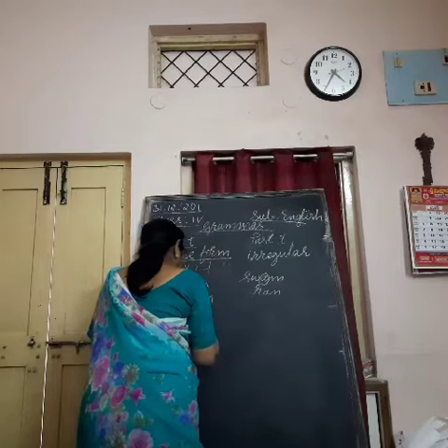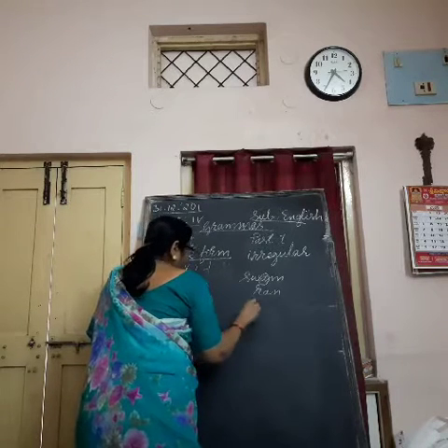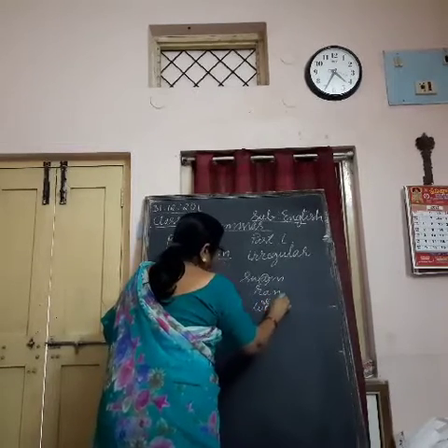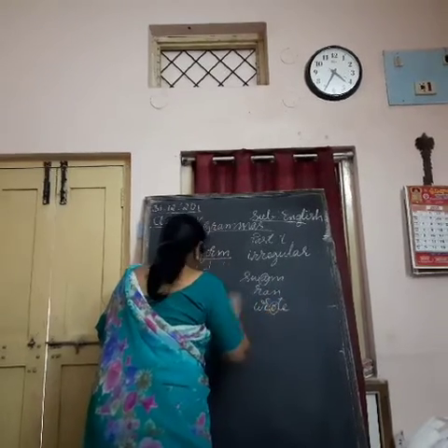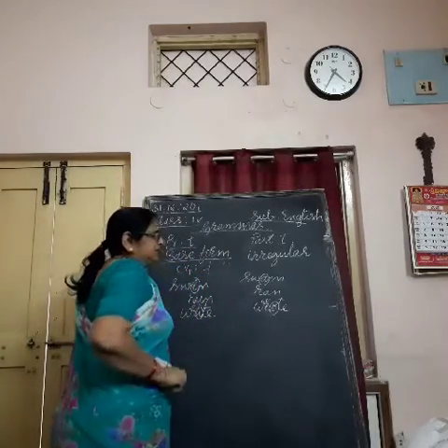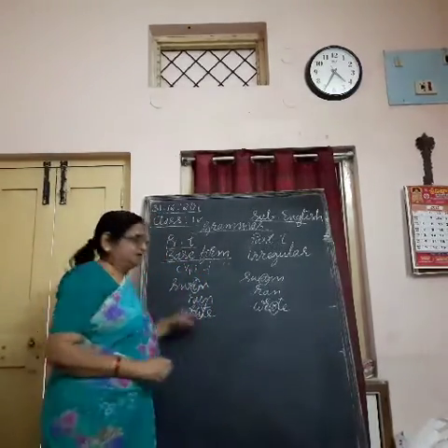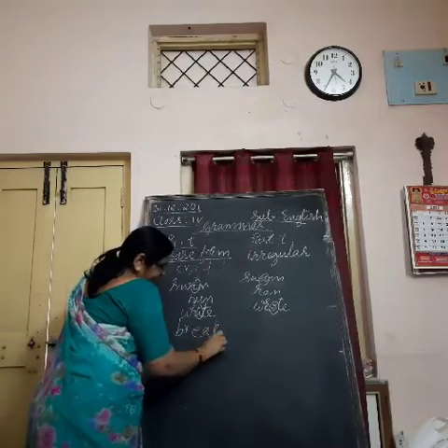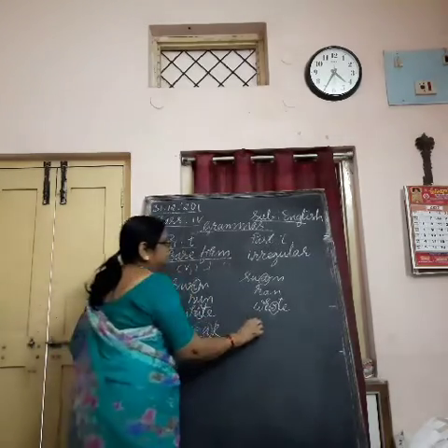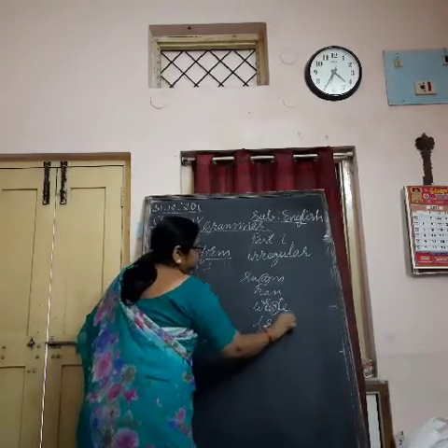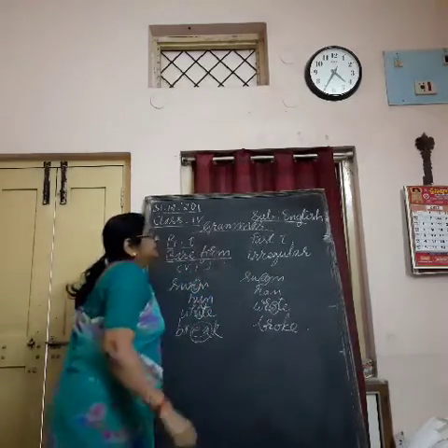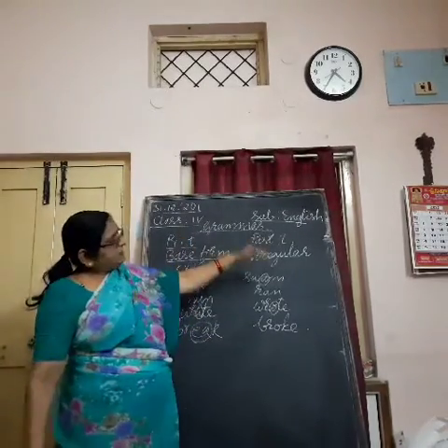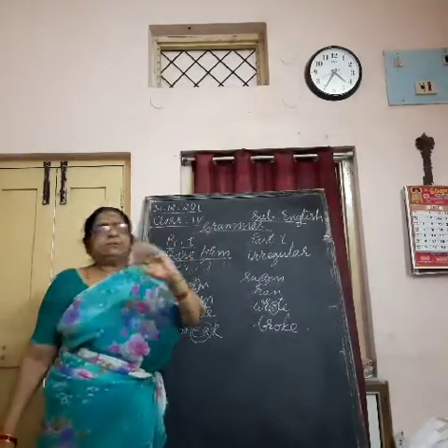Write, wrote: here I changes to O. In this way, many words. Break, B-R-E-A-K: here EA we changed into O, broke. This part we learned. This is irregular form, and this is all completely done and you have done it in the exam also.